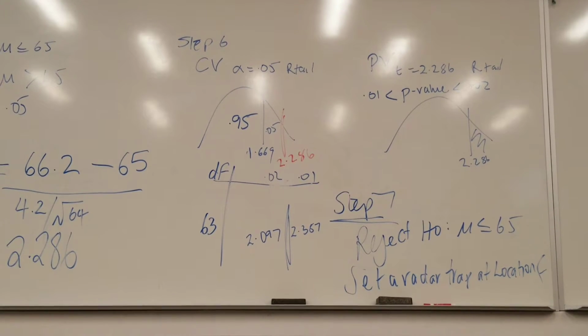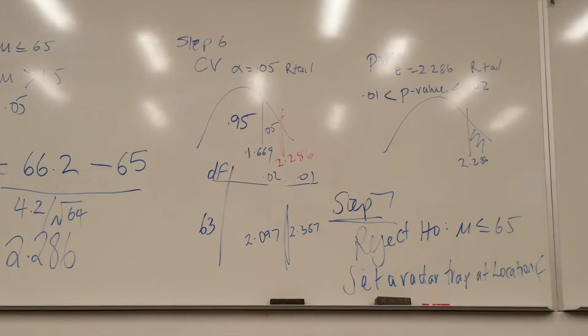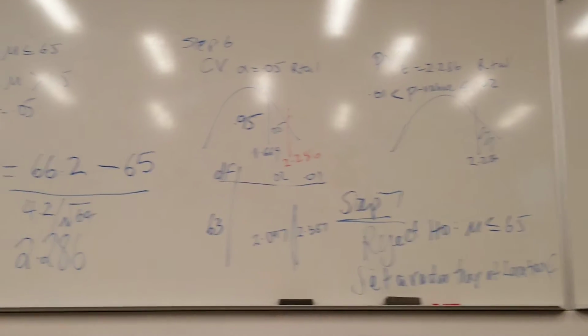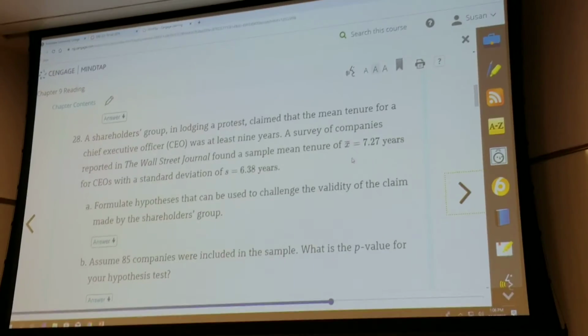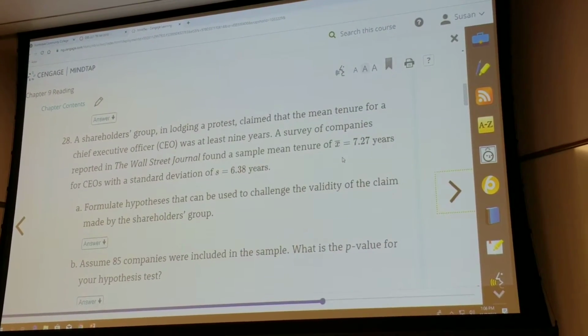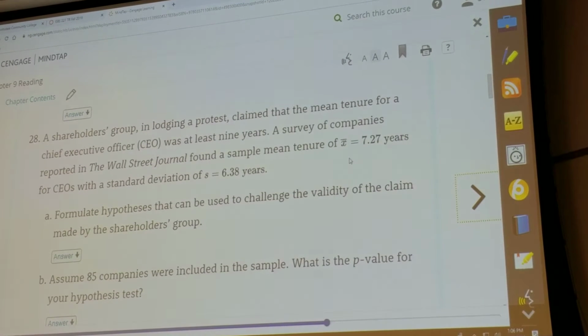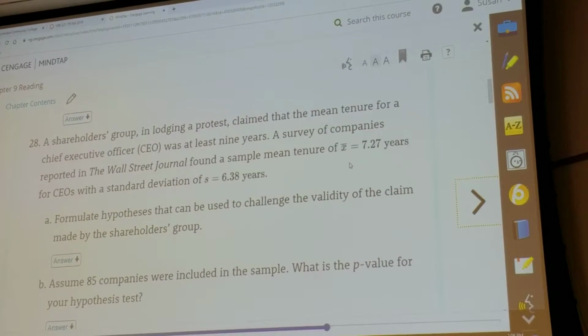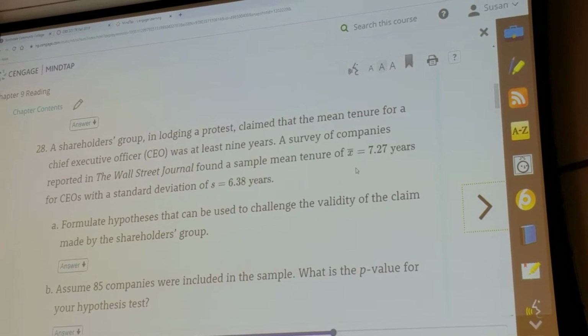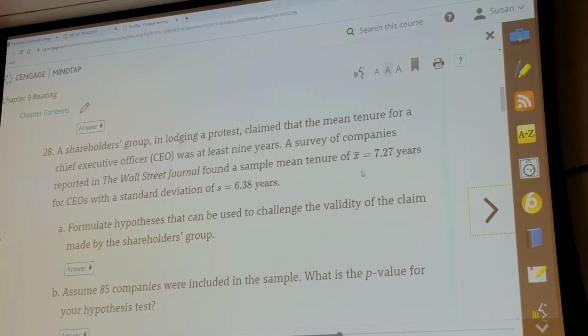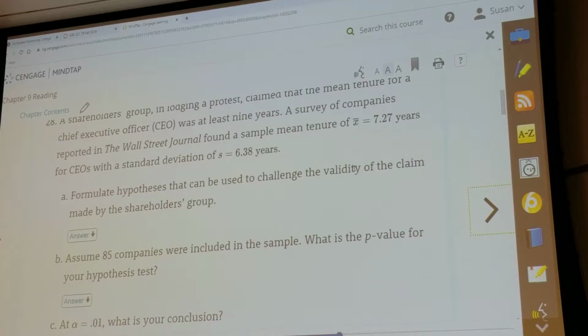What's the next question, 28? So just to set one up for you, this says a shareholder group in lodging a protest claimed that the mean tenure for a CEO was at least 9 years. A survey showed that the mean was 7.27 with a standard deviation of 6.38. Formulate hypotheses.